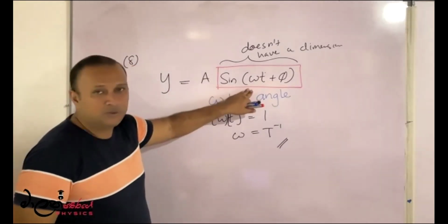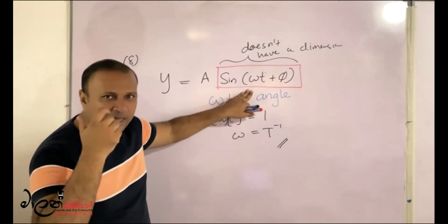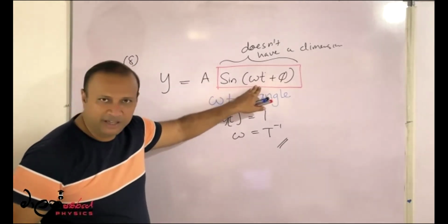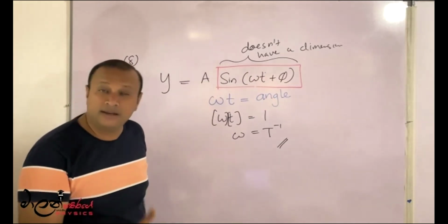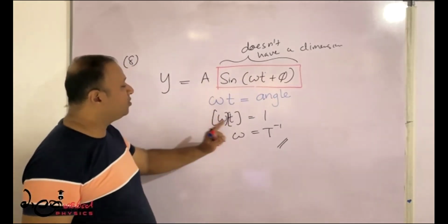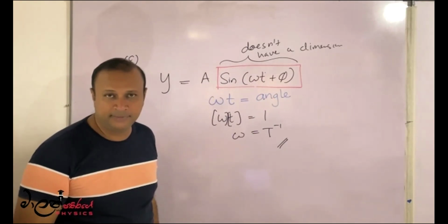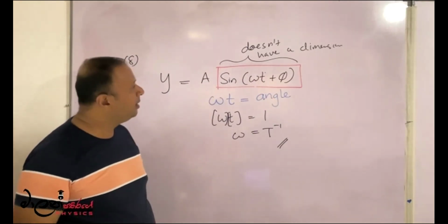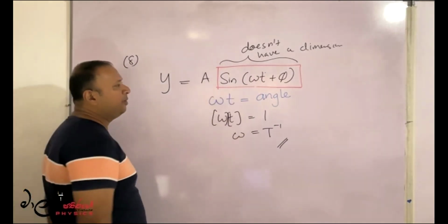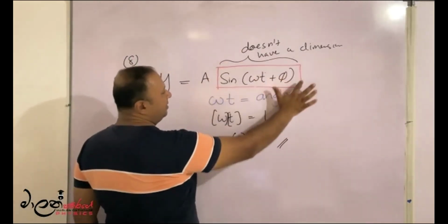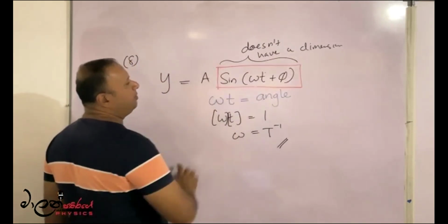Now you have to write that one. How did you get this one? You have to write the argument. Argument is omega t is an angle. Angle doesn't have a dimension. Therefore, omega should be equal to t minus 1. You have to write that one. Then, the second argument. Second argument is this part doesn't have a dimension.